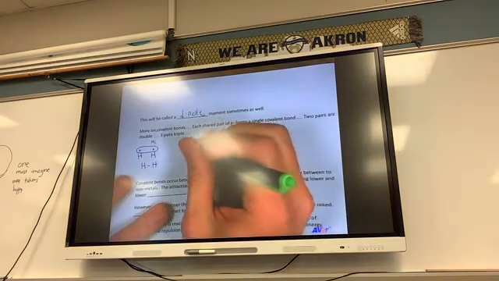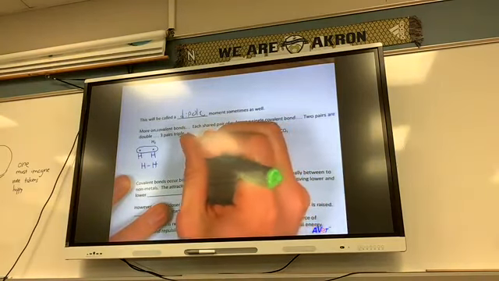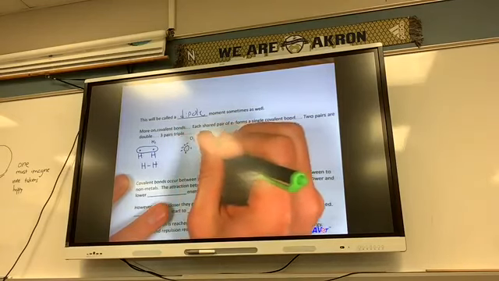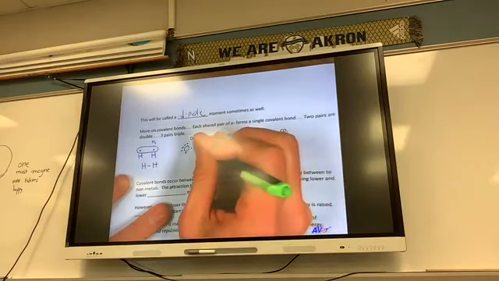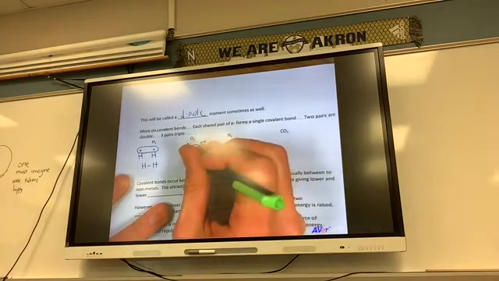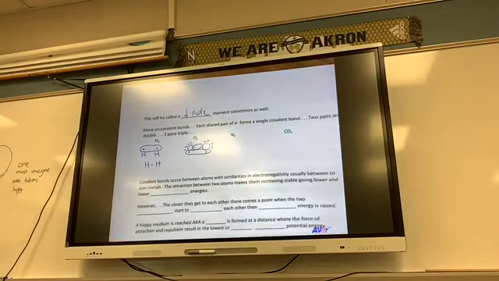Oxygen has how many valence electrons? 1, 2, 3, 4, 5, 6. This oxygen has 1, 2, 3, 4, 5, 6. It's going to share a pair here and a pair there. Oxygen wants to share two pairs of electrons.